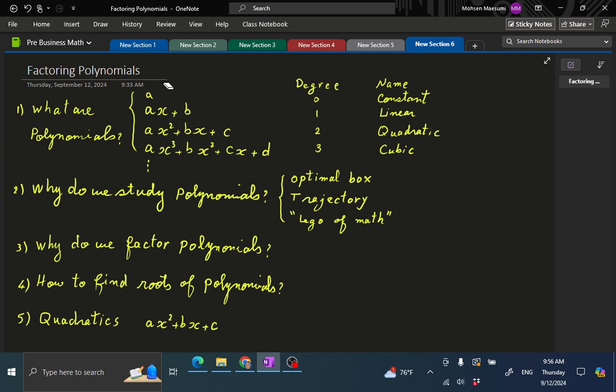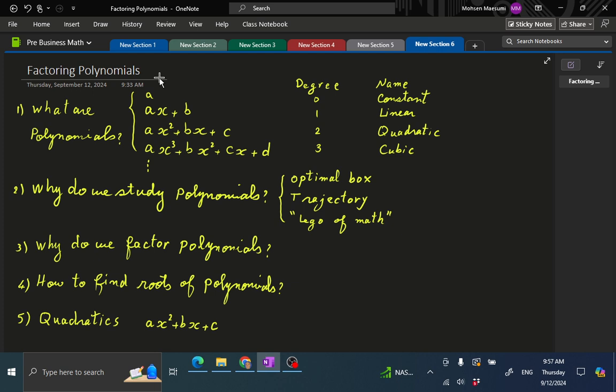Well, what if you are not interested in playing Lego? How do you justify the study of polynomials? Let me take you back to the previous homework you had about optimal boxes. Another justification is trajectory, like when you throw a ball up in the air, the trajectory that it takes.